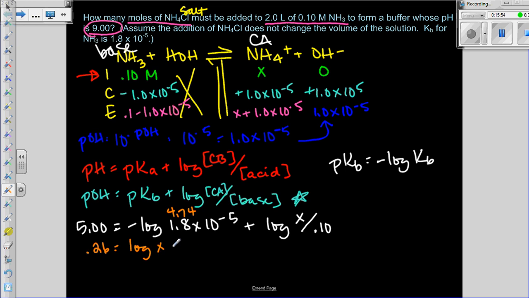So log of x minus log of 0.10. And if I do the log of 0.1, I get -1. So I really have 0.26 equals the log of x minus a -1. So this really gives me a +1.